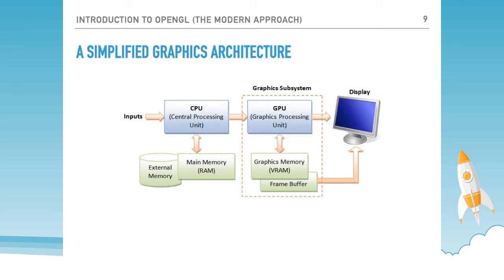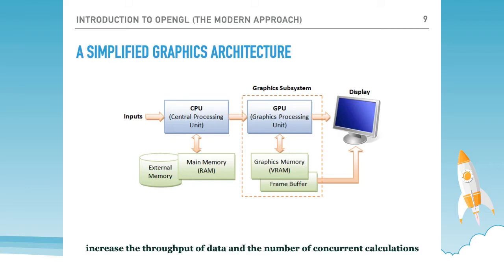Now let's take a look at the simplified version of the graphics architecture, which consists of the input, the CPU, the GPU, and finally the display. A CPU works together with a GPU in order to increase the throughput of data and the number of concurrent calculations within an application.